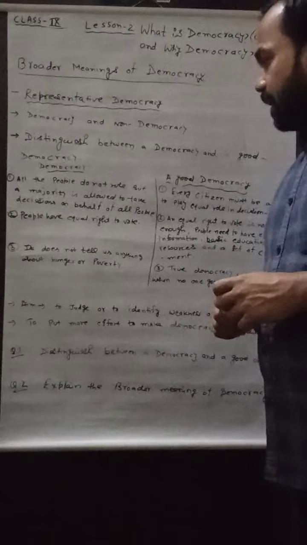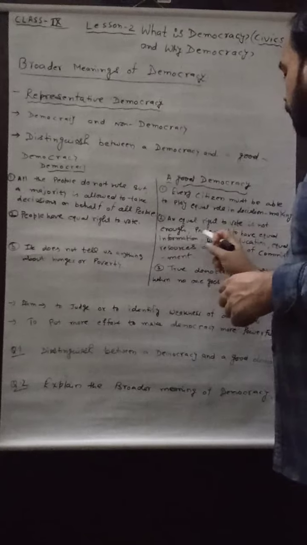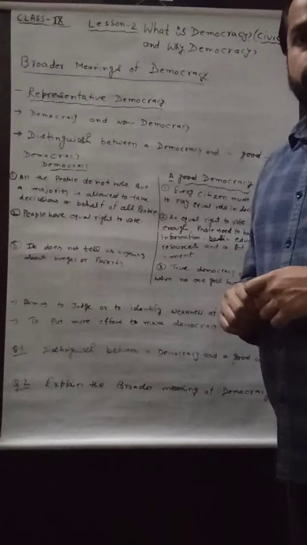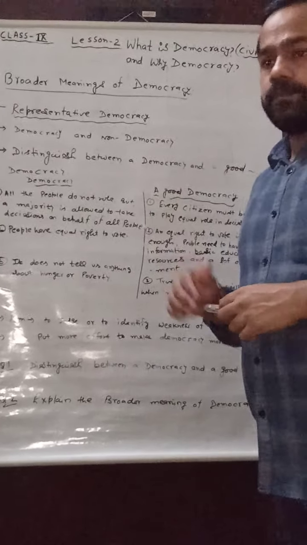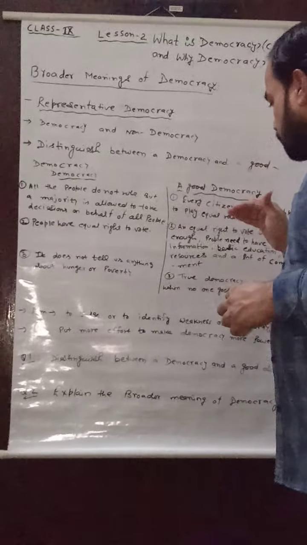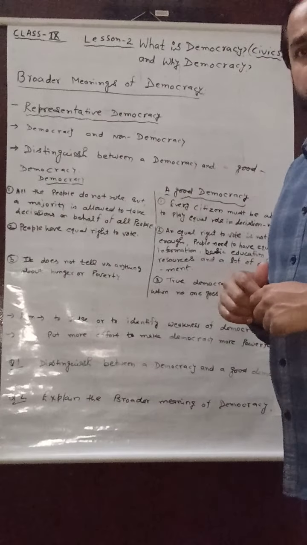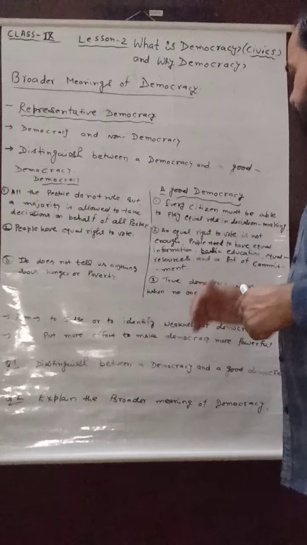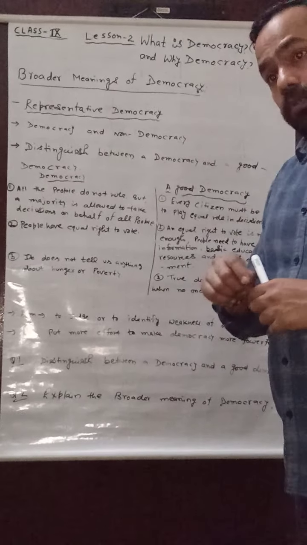What is the meaning of that? People need to have equal information. It is very essential that each and every citizen should get the information related to the government. After then, basic education will be given to all.